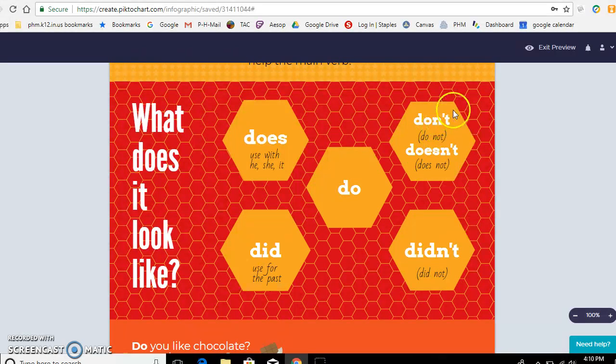I have don't and doesn't appear for do not and does not, and didn't for did not. So it's all of the forms that have to do with the word do, I just included right here in this little section and tried to make it easy to understand. Do's in the middle because they're all a form of do, and then just what you would use them for. So that's the what does it look like section.